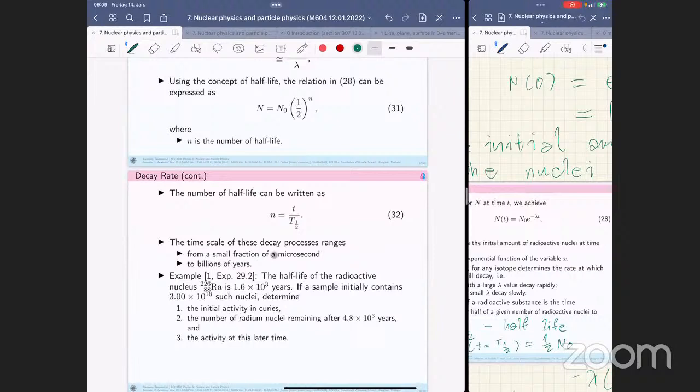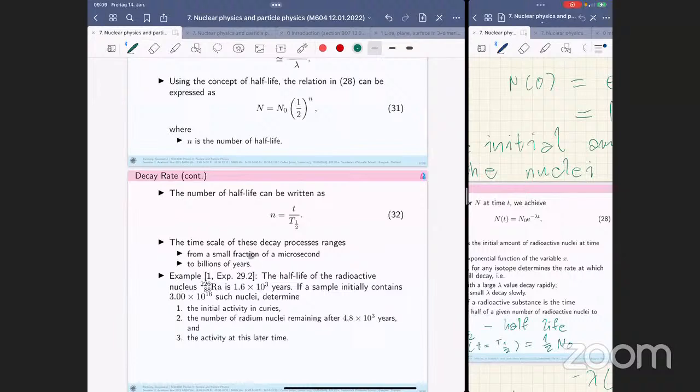The time scale of this decay process ranges from a small fraction of a millisecond, very quick, some nuclei would not stay so long and they're going to disappear quickly, to, for some elements on Earth, a billion years or something like that, like some isotope of a big element like uranium. It's going to remain only half for billions of years.